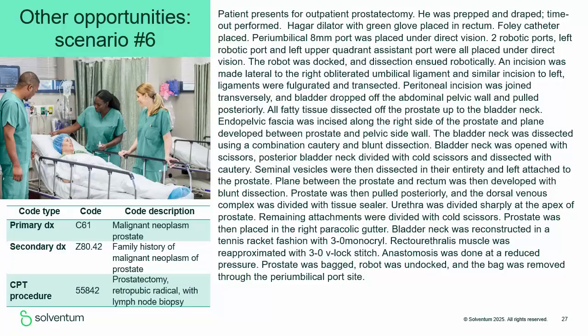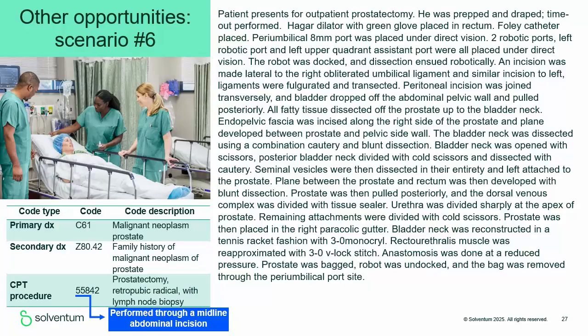So if we're looking at our procedure, we can see that a 55842 prostatectomy, it's retropubic radical with lymph node biopsy. This procedure is performed through a midline abdominal incision.